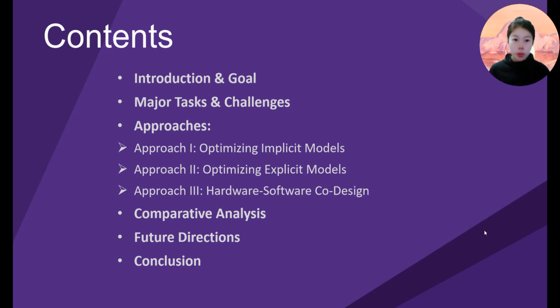After that, I'll go through three major optimization directions that researchers are currently exploring: optimizing implicit models, optimizing explicit models, and hardware-software co-design. Then I'll present a comparative analysis that highlights the trade-offs between these three approaches. Finally, I will discuss future research directions and conclude the presentation.